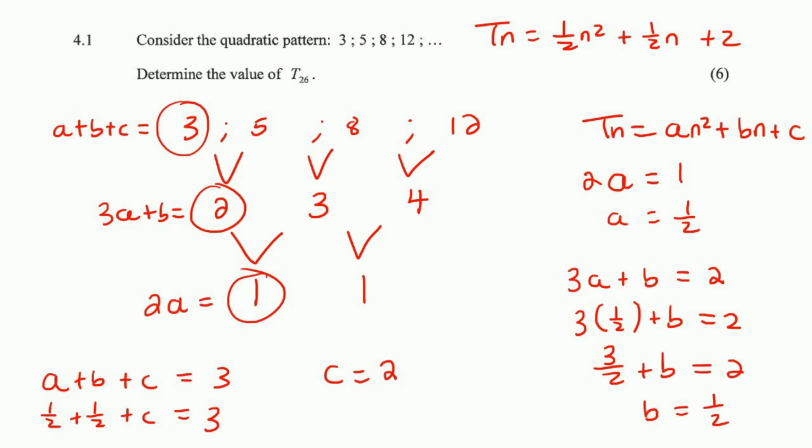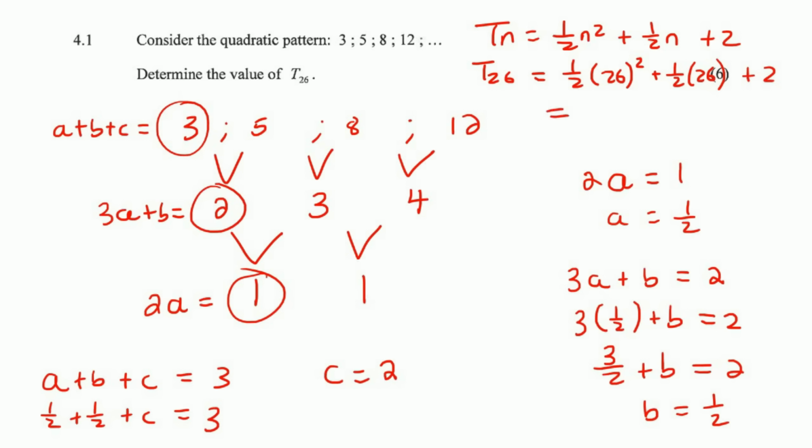So now to find term 26, we just plug in 26 wherever we see n. And if we had to work this out, we get 350. Whoops, let me write that a bit better.